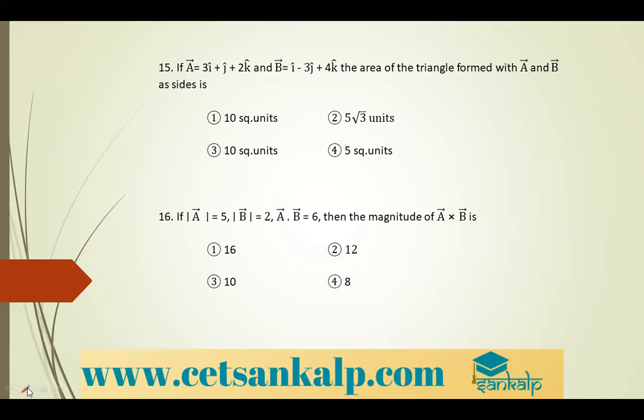What is the formula for the area of a triangle in terms of vectors? That is nothing but half into the magnitude of vector A cross vector B. So this will be your formula for the area of a triangle.